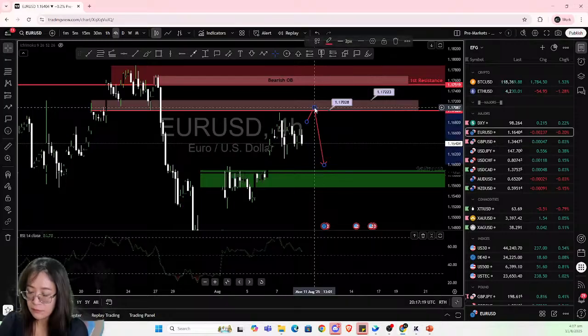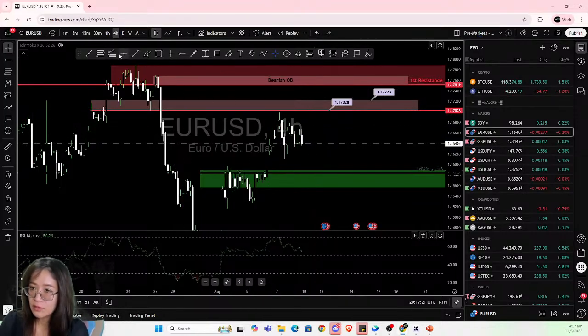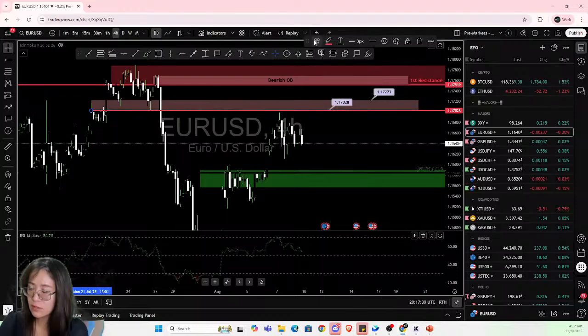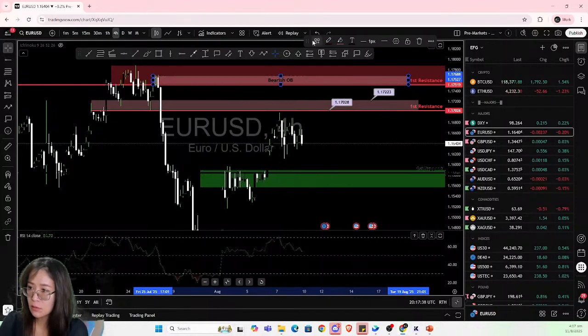But if price rises with a very strong move and the body closes above this level, let's just identify the first resistance in H4. They're going to rise to our bearish order block, or you could say these are your POI, or point of interest, over here.